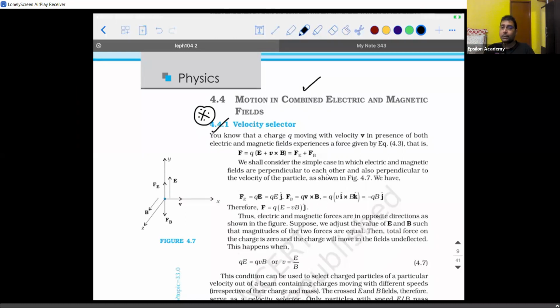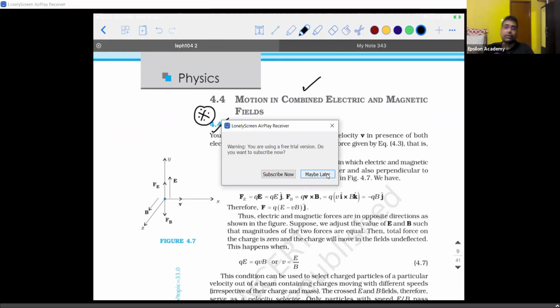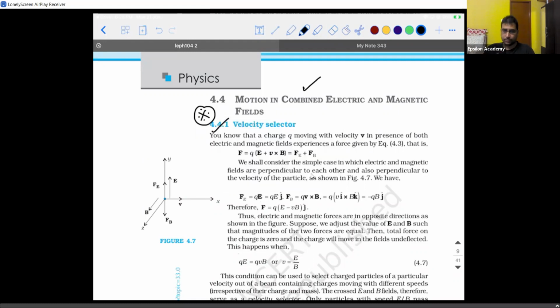But now, in addition to the magnetic field, what will happen if there is an electric field also existing? And they both should exist perpendicular to each other. This is a special case. There is an electric field and a magnetic field perpendicular to each other, and you have a charged particle in your hand.